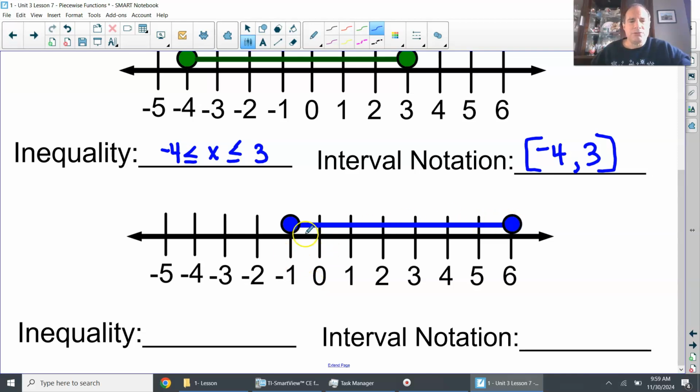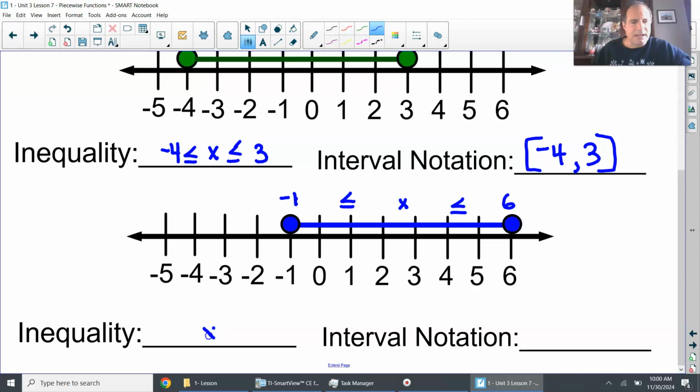Again, with two closed circles, I'm just going to put x in the middle, and I am going to put a -1 here and a 6 here. Just annotate right on top. So all of these numbers here, 0, 1, 2, 3, 4, are greater than or equal to -1. And all of these numbers here, 5, 4, 3, 2, 1, are less than or equal to 6.